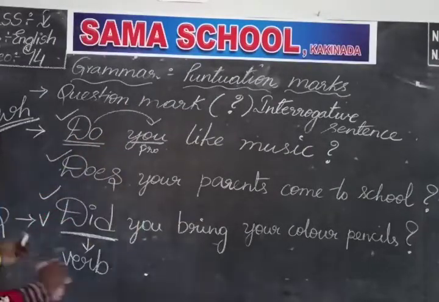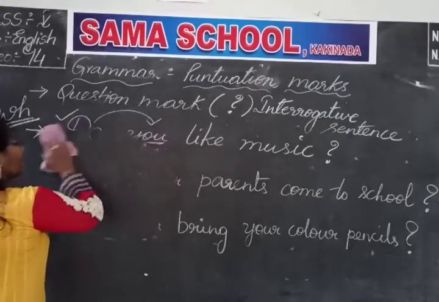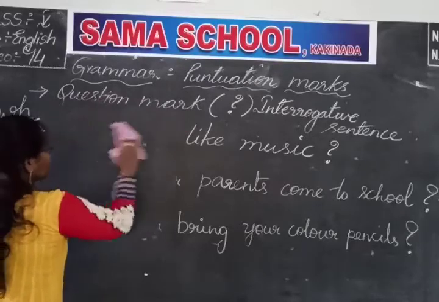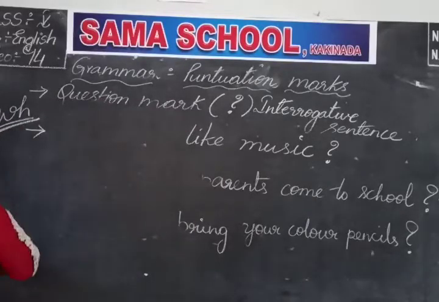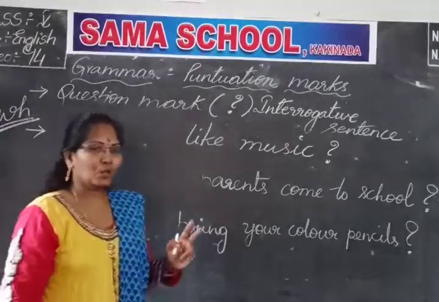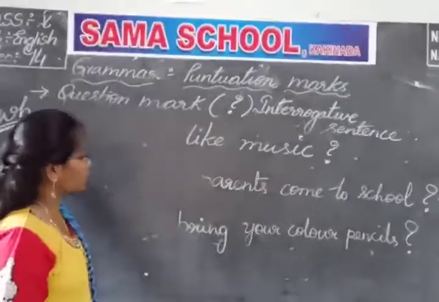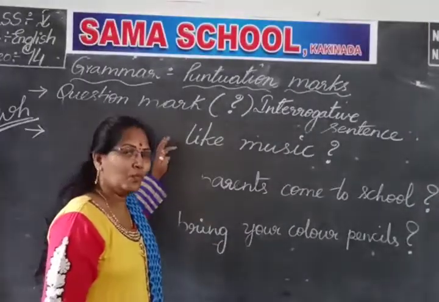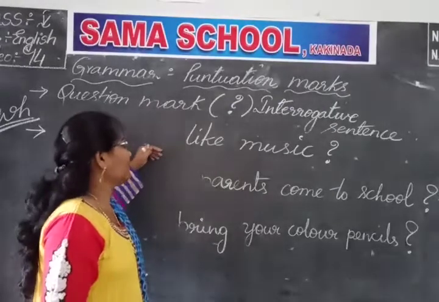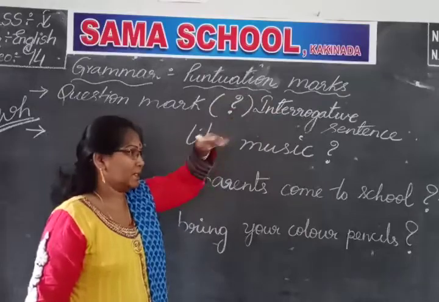Okay. Next. Same like the supporting verbs, we may use is, am, are. Those are also called verbs. Two things you have to remember: the questions mostly start with WH words, and the second thing is the supporting verbs. If these two types are there, those are considered interrogative sentences.